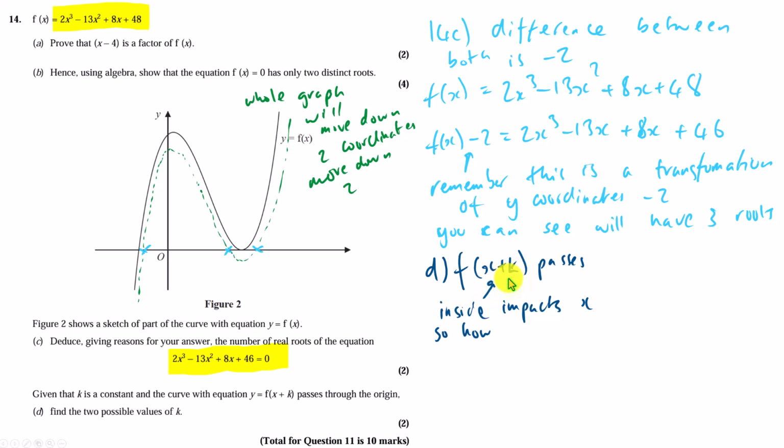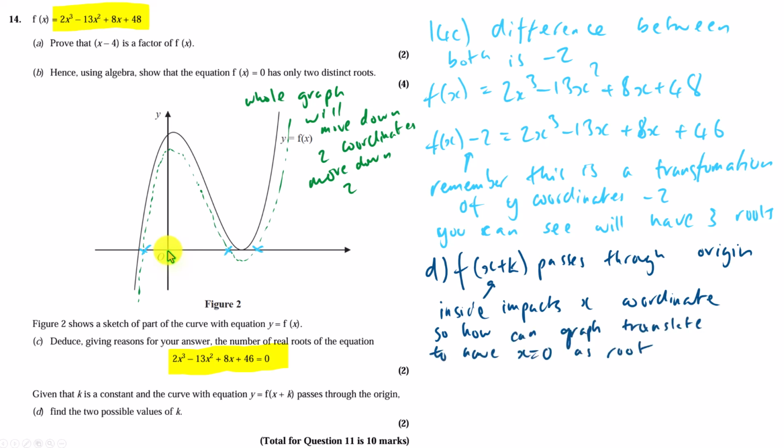You know that only affects the x coordinates, and it's inside the bracket, so it's the opposite. So we're looking at our original equation here, and we're saying when does it pass through the origin. So how can the graph translate so that x equals 0 is a root? This graph can go this way all the way here, and this graph can go to the right to get this point over here.